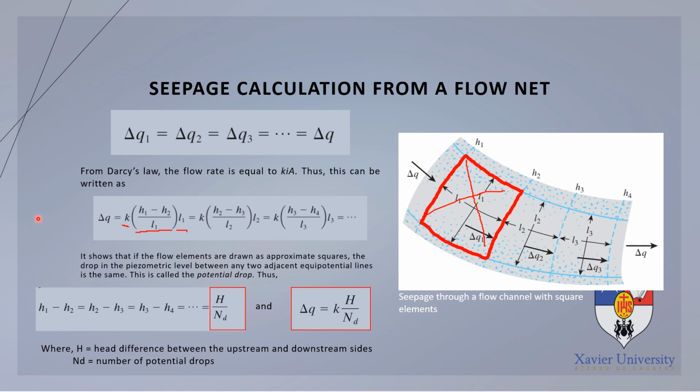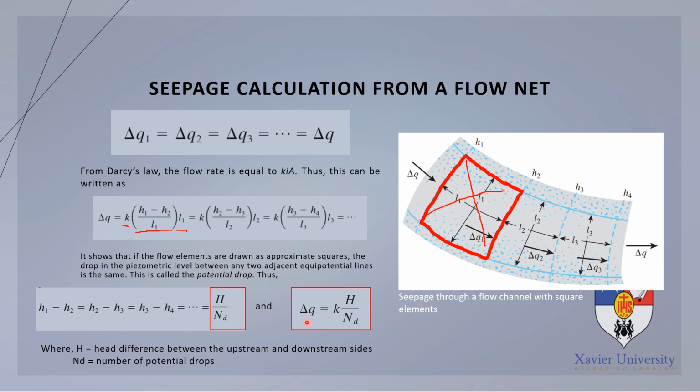So this is called the potential drop. So kaning H1 minus H2 is just equal daw to the rest of the approximate squares. That's why we can simplify that with the total H is divided to the number of drops. Ka-equal naman din sila, no, sa kada isa nila.